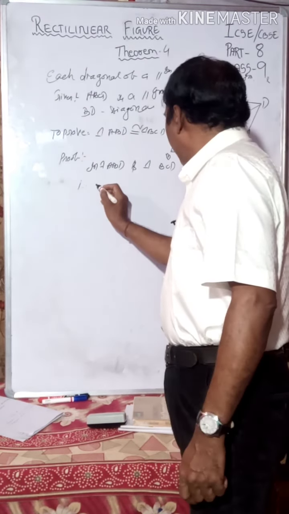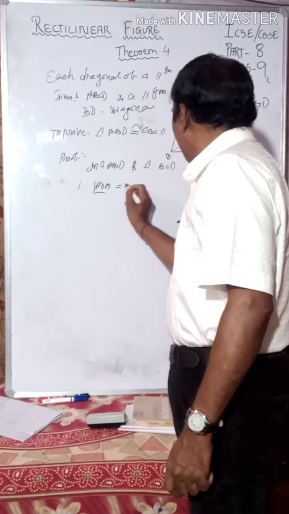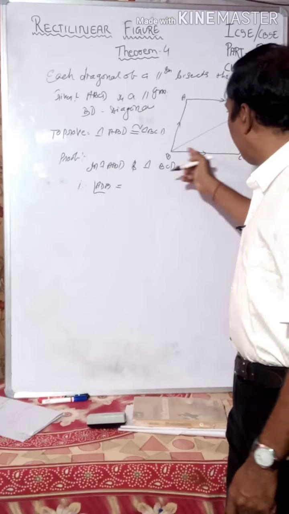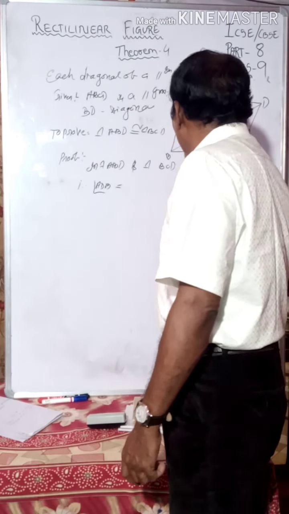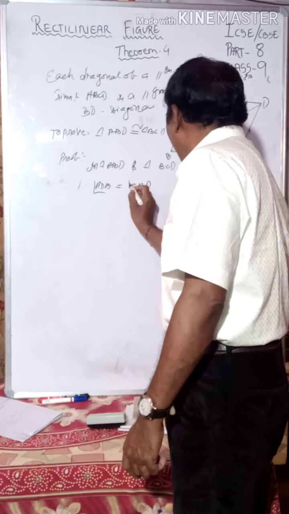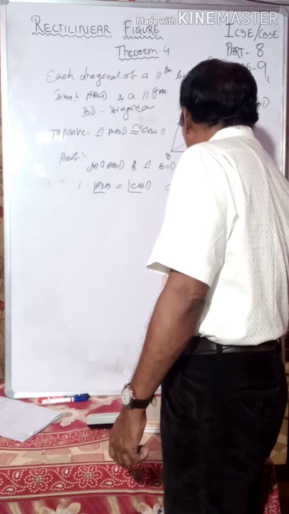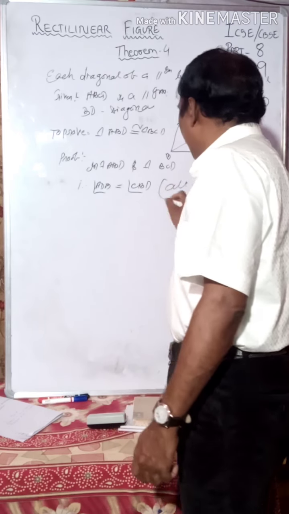Angle ADB is equal to angle CBD. Why? Alternate interior angles.